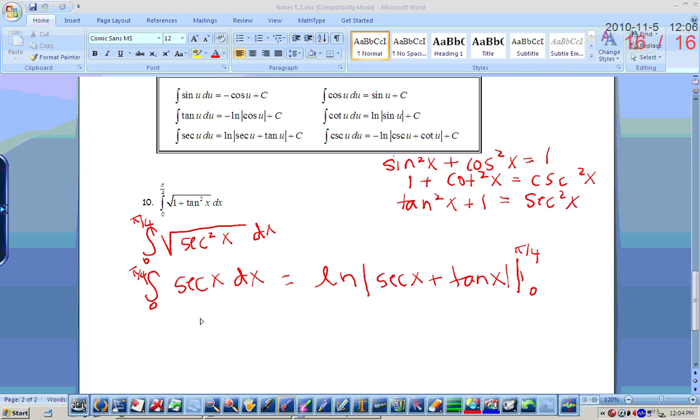All right, so now I just have to plug in pi over 4 minus plug in 0. The secant of pi over 4. Cosine of 45 would be 1 over root 2, so the secant of 45 would be root 2. Plus the tangent of 45, or pi over 4, is 1. Minus the natural log.